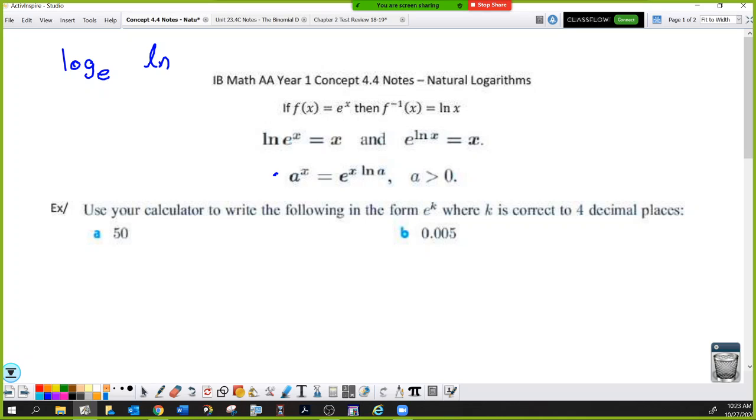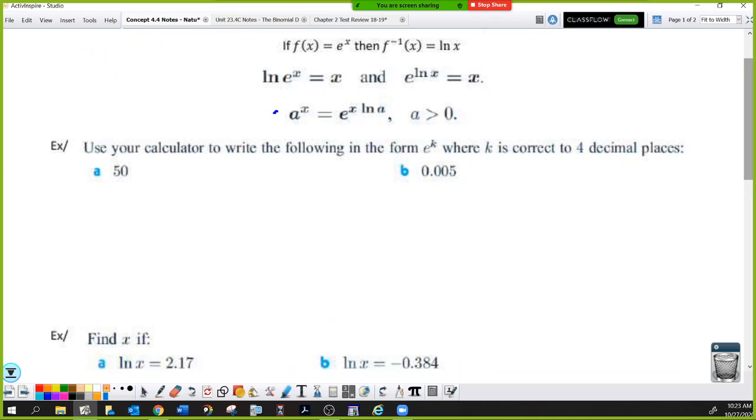Use your calculator, write the following in the form e to the k, where k is correct to 4 decimal places. Okay. Well, e and ln are inverse operations. So if I said e raised to the ln of 50, this is 50, because normally the e and the ln would cancel.